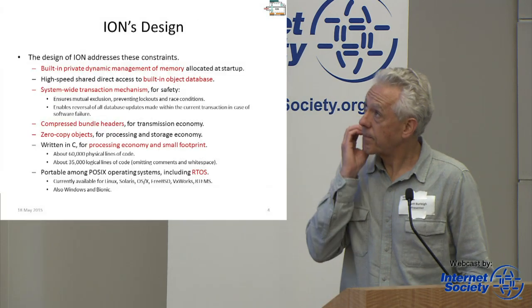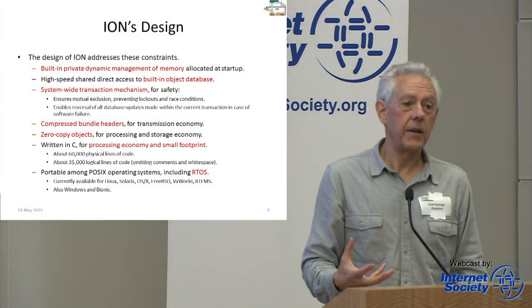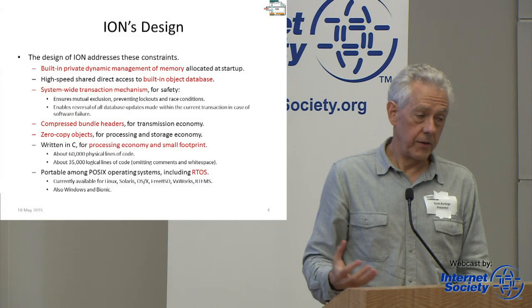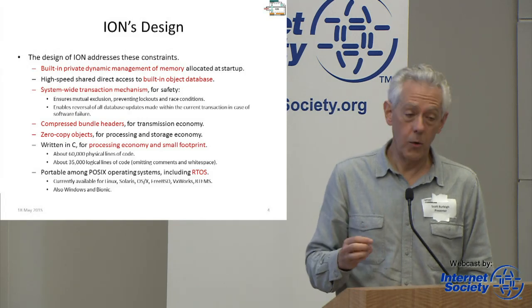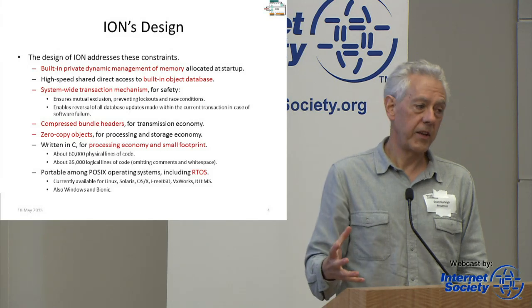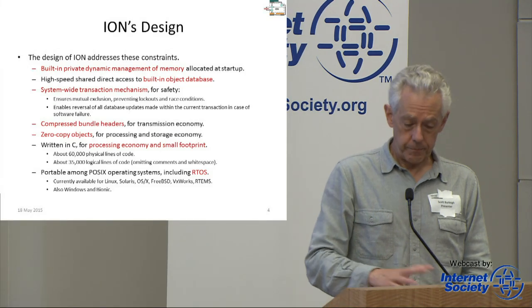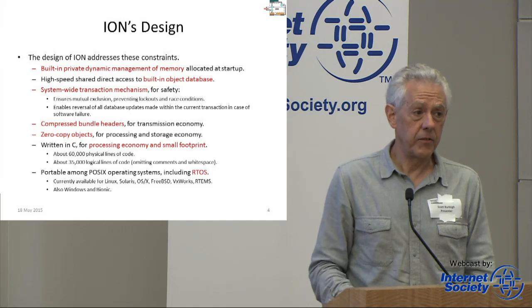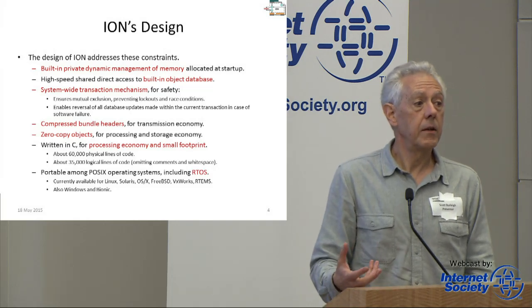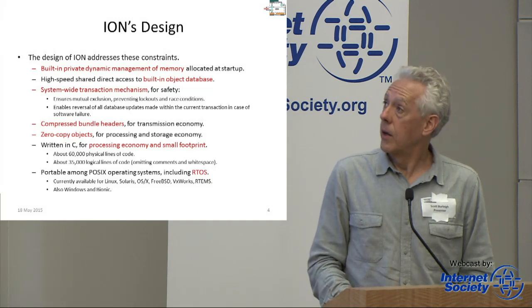Next slide. So the design of ION was intended to address all of those constraints. It has its own built-in private memory management system, so that you can allocate one fixed chunk of memory to ION at the beginning of the mission, and ION manages it privately from then on, and there's never any subsequent allocation of system memory.